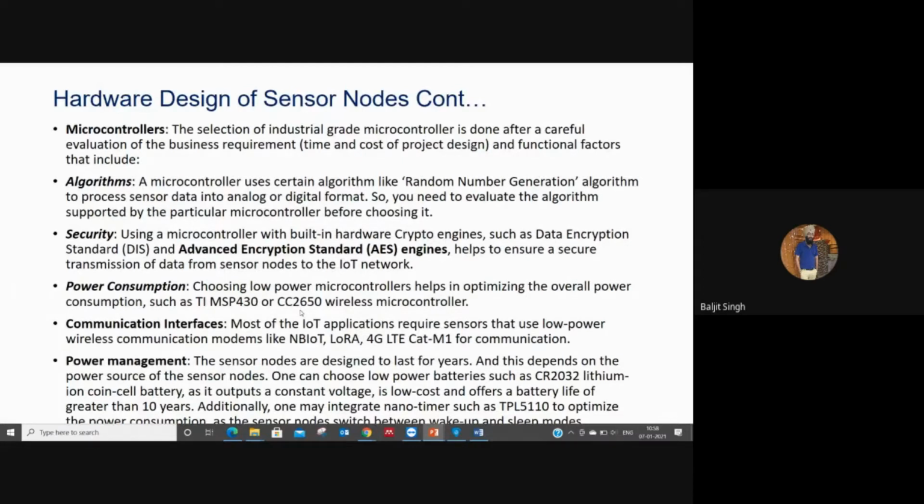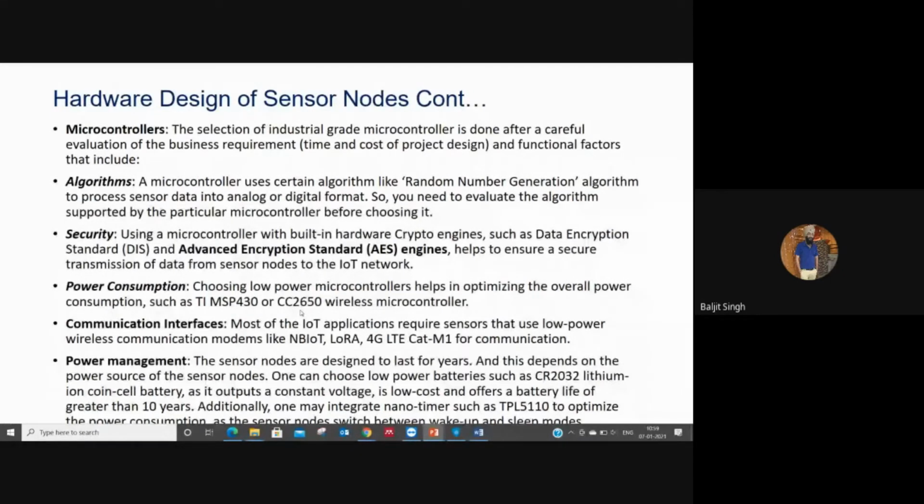Coming to the first point, algorithms. The microcontroller uses certain algorithms like random number generation algorithm to process sensor data into analog or digital format. So you need to evaluate the algorithms supported by the particular microcontroller before choosing it. Security.